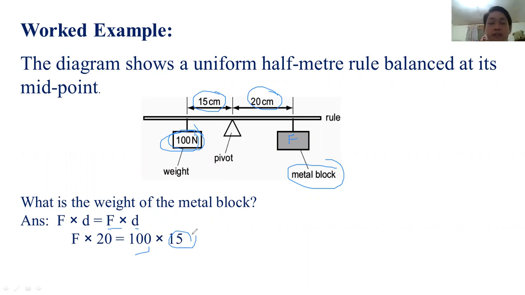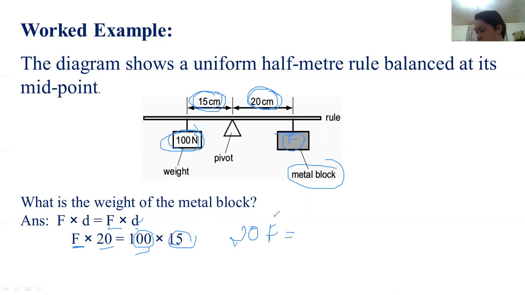But in this case, we substitute 100 as your F on the left side of the equation, 15 centimeters as your D. Then we don't know the other F, so we leave it as F, and the distance D is 20 centimeters. So F times 20 is 20F.